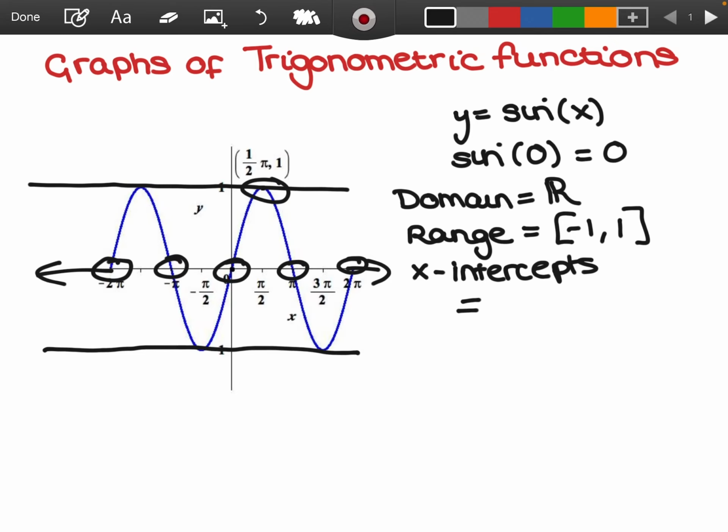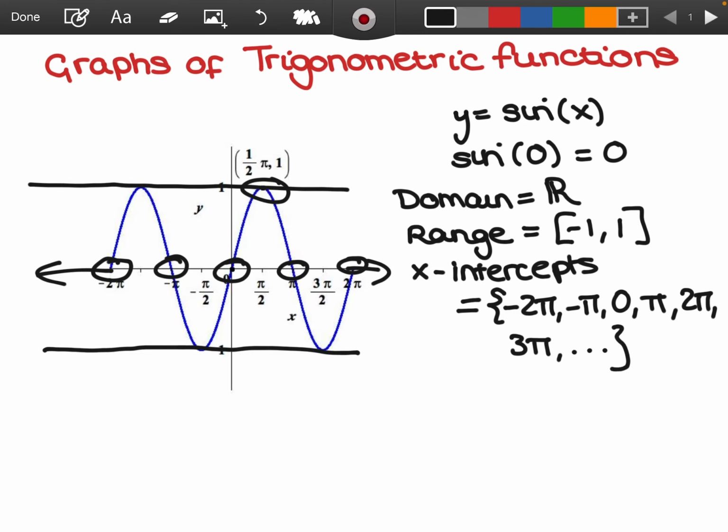On my unit circle, at every multiple of pi, my y coordinate is 0. That makes sense because at every multiple of pi, I'm on the x-axis, whether positive or negative, which means the y coordinate is 0, so the sine value for that angle is 0.